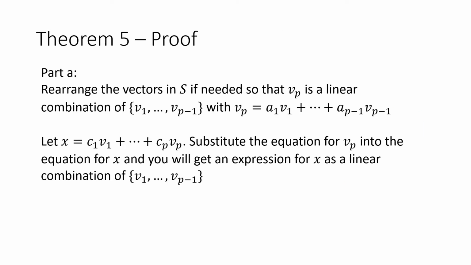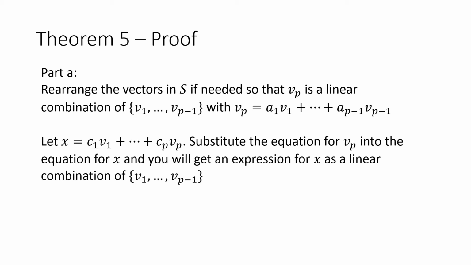Now, in this section, we've kind of seen this idea before, but we're going to go through a little bit of a proof of it. It's not going to be a very detailed proof, but to give you an idea of why this is true. Part A says that if we have something that's a linear combination of the others, we can drop it.